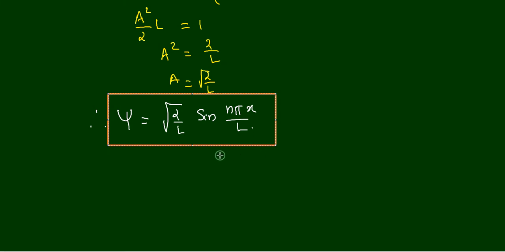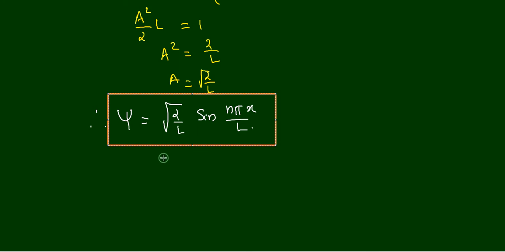We have everything here. We know L, and if we substitute various values of x here for different values of n, then we will get the different values of psi at different positions of x.